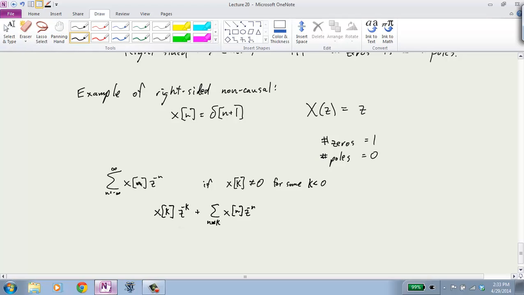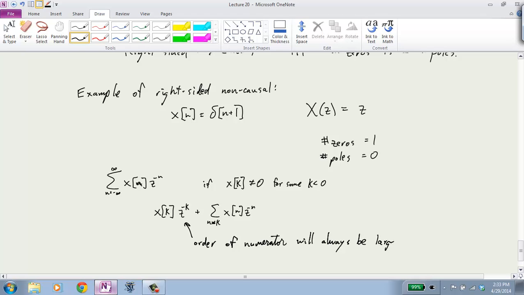What I'm trying to show here is that when you combine all these terms as rational functions, this term is going to force the order of the denominator to be larger than the order of the numerator, even when you add these two terms together.